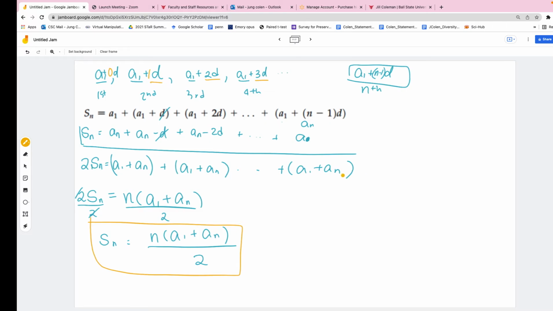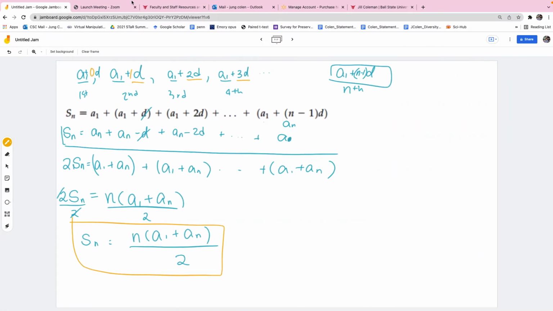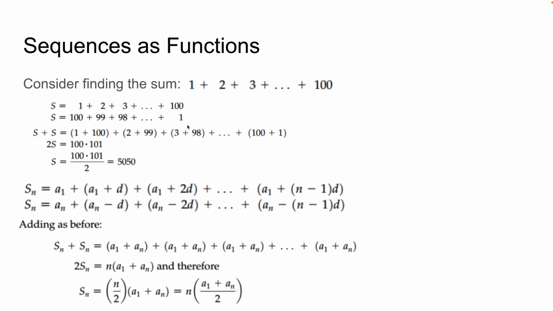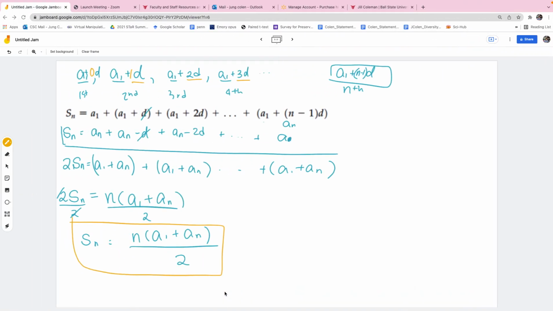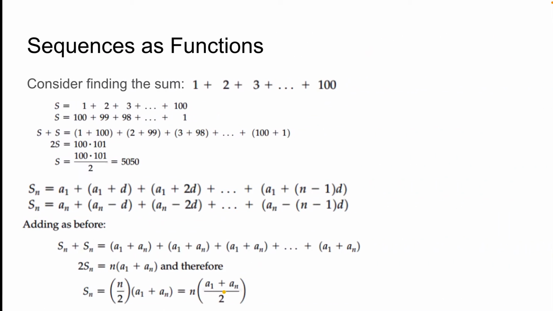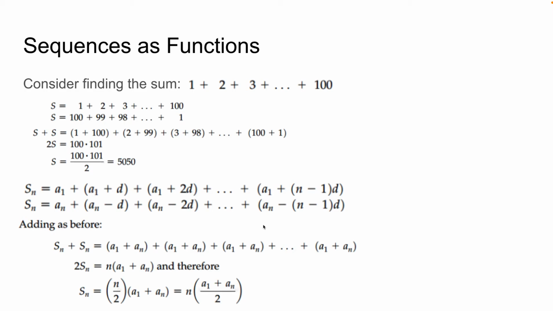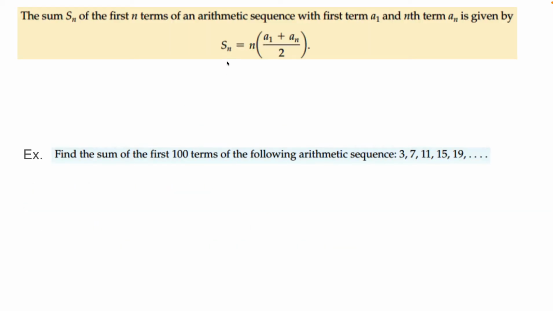And that is the theorem. S sub n is equal to n times a sub 1 plus a sub n divided by 2, right? Okay. So you can write this down in your notebook.